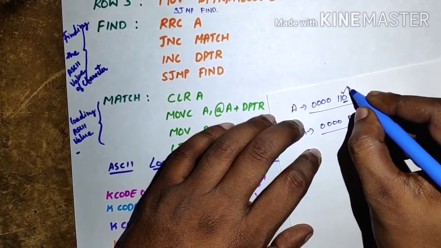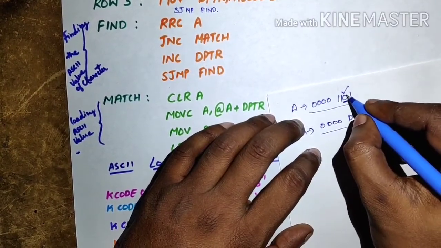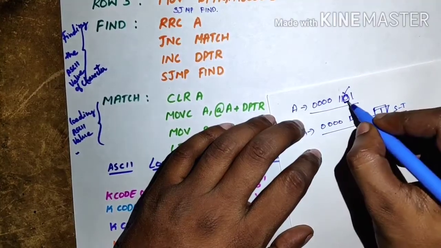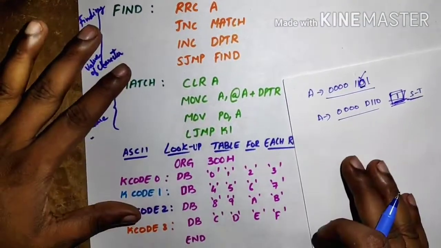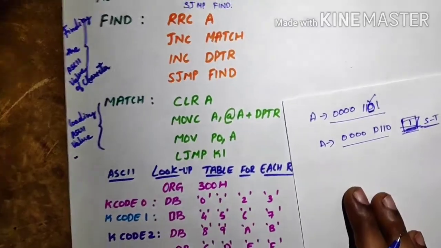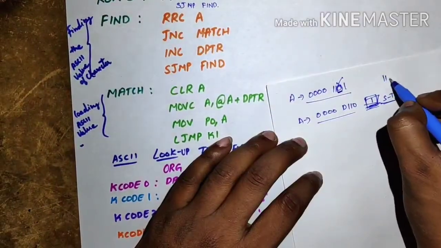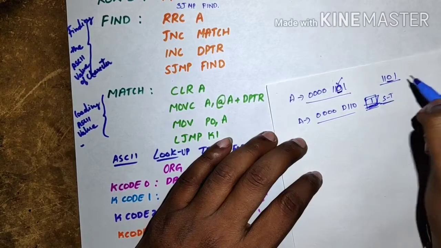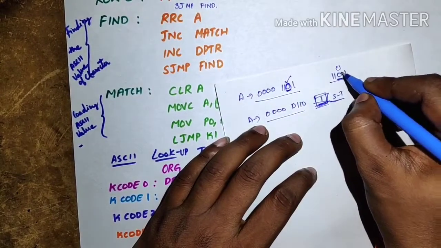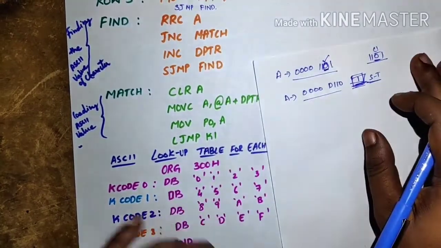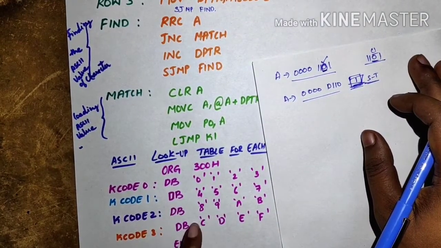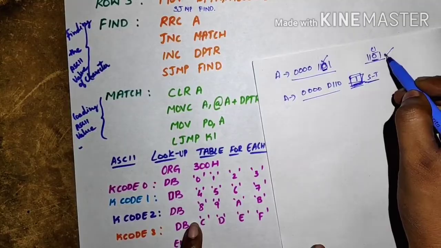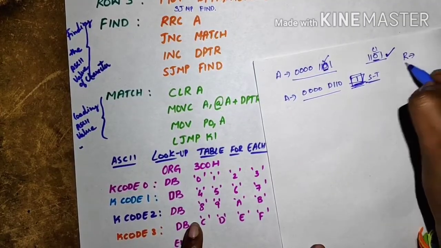So this is our key pressed. Whenever we are getting 0, that particular value is our ASCII. 1101 means our key belongs to column 1. So in the lookup table, to fetch the column, we know the row, right?